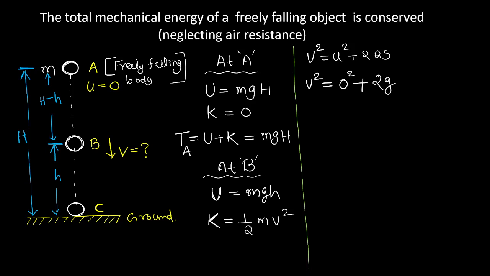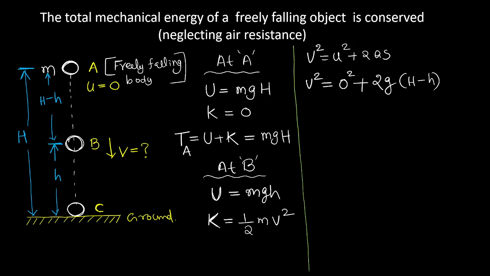S is the distance traveled by the body between A and B, considering the motion A to B. Between A and B, the distance traveled by the body is H minus h. This derivation is very, very important. Don't forget it. Till this step you are okay? All of you clear? Please respond. Ashlyn, understood?